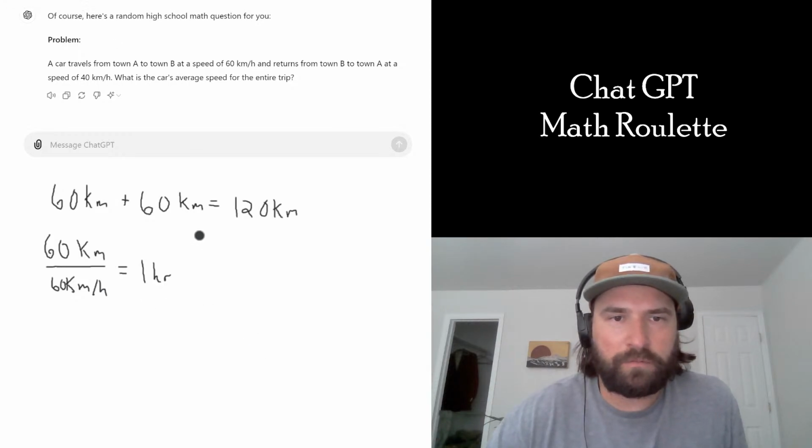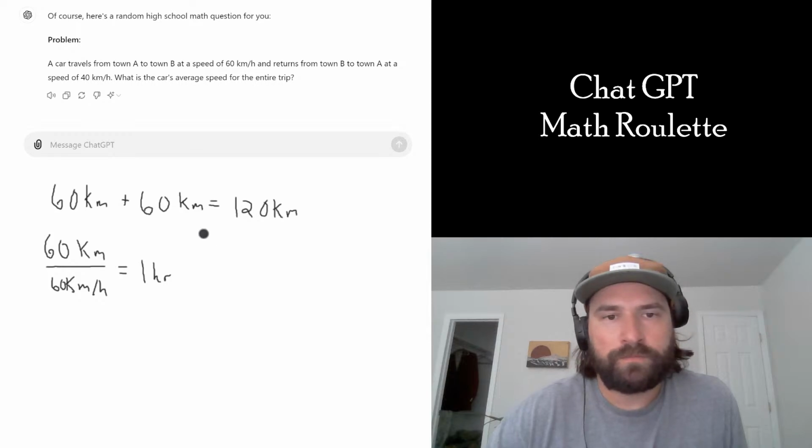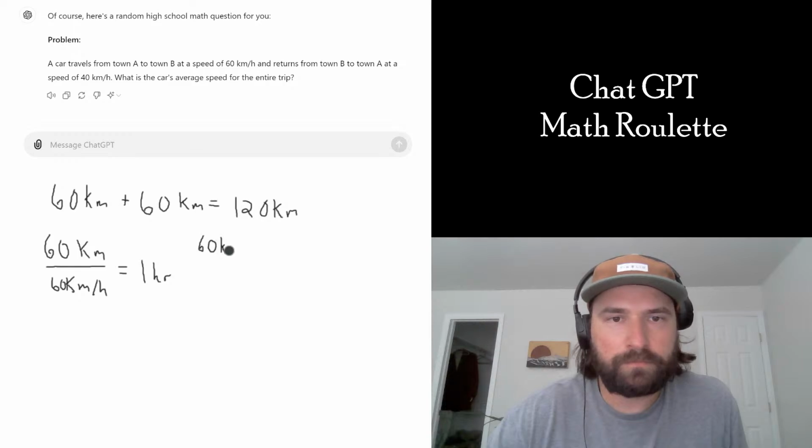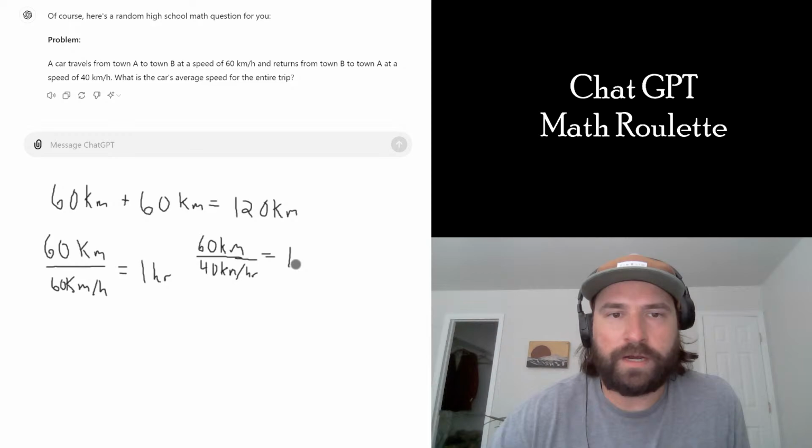And then they still went 60 kilometers on the way back, divided by 40 kilometers per hour. And that's going to give us 1.5 hours.